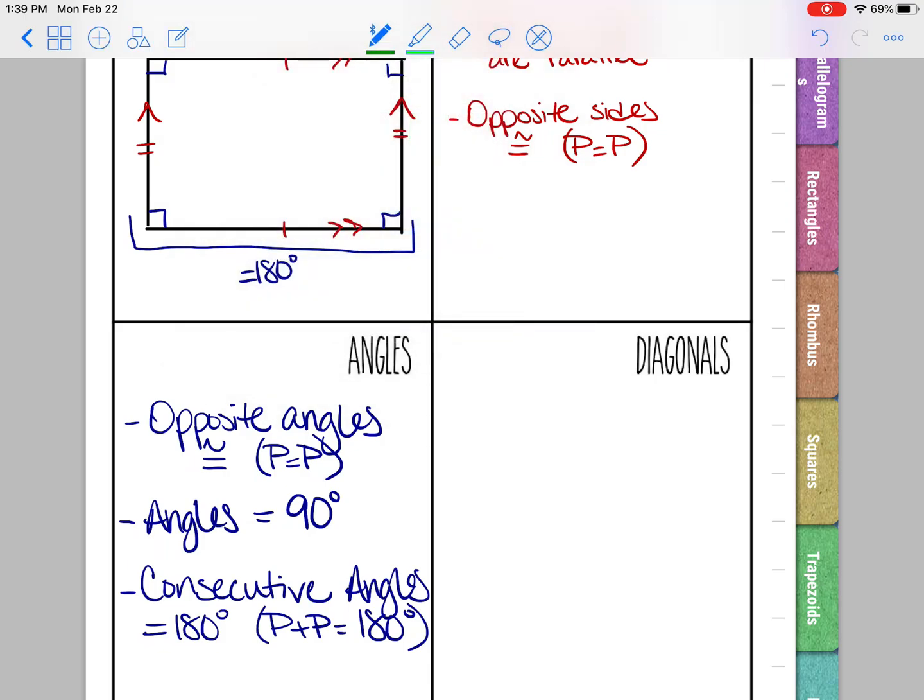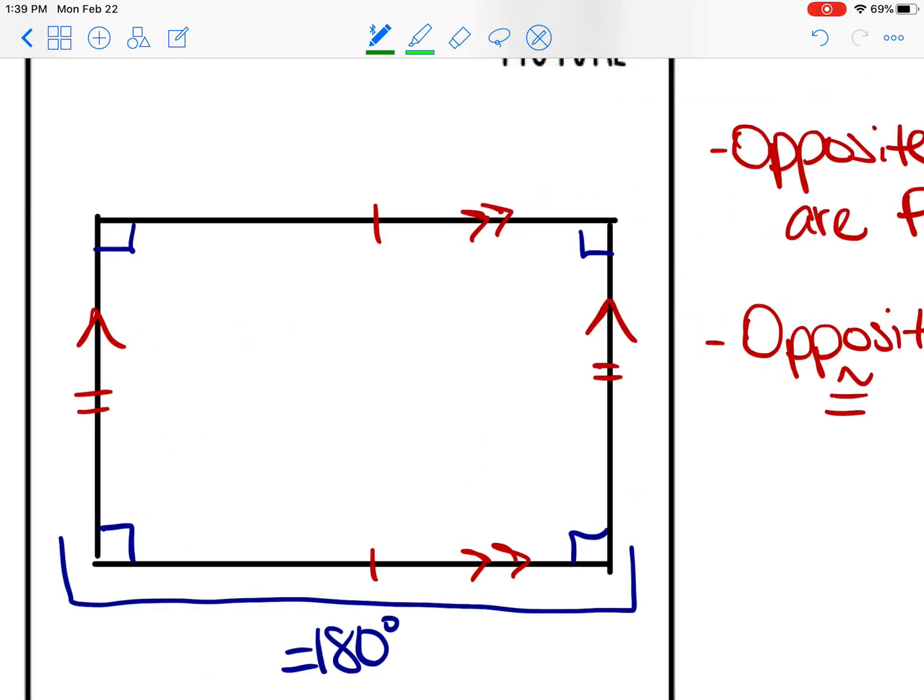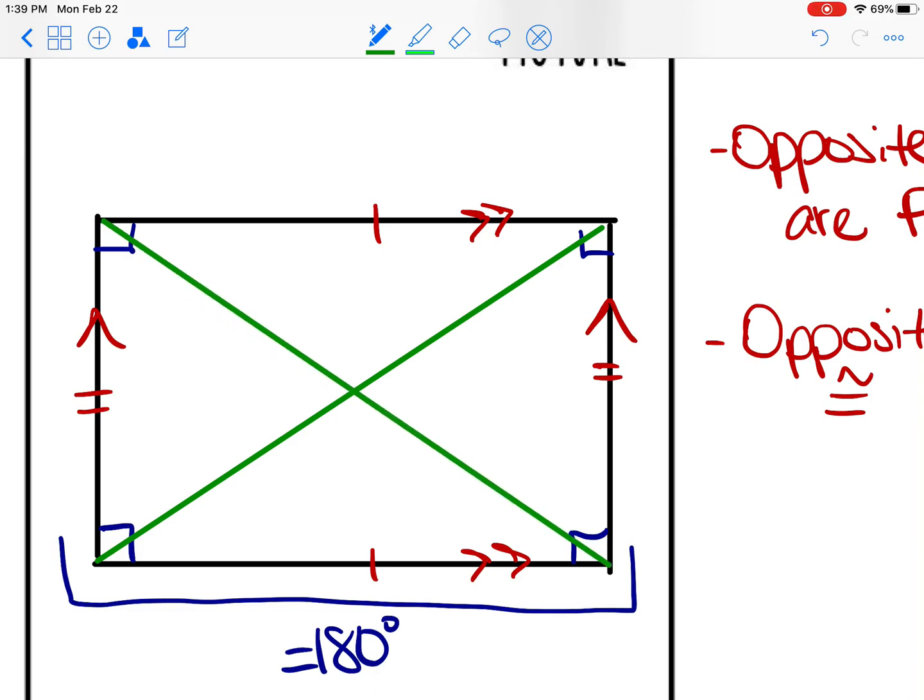Okay, let's talk about the diagonals. Let's go ahead and draw those in. We know that based on the parallelogram, the diagonals do bisect each other, but in a rectangle, the diagonals are actually congruent. So when we go to make our tick marks for the bisecting part, we can actually mark them all with 3's because they are the same.